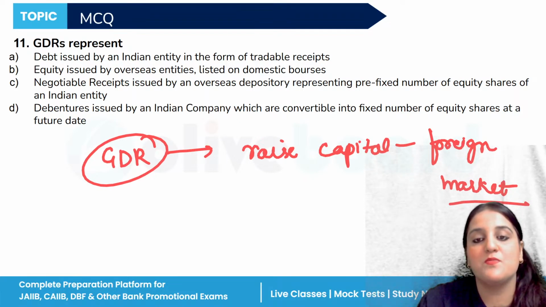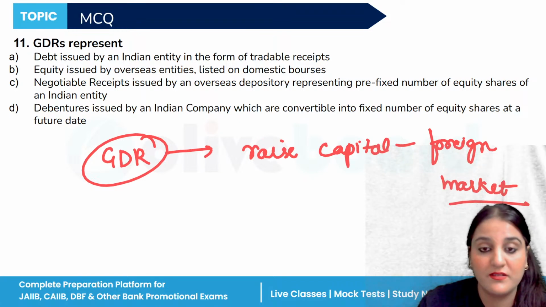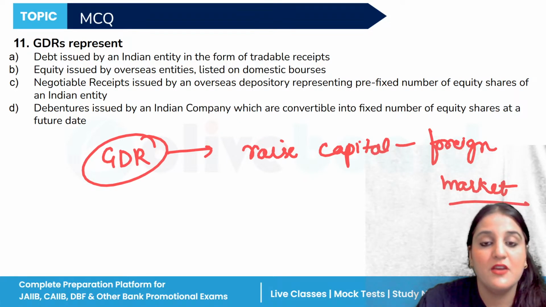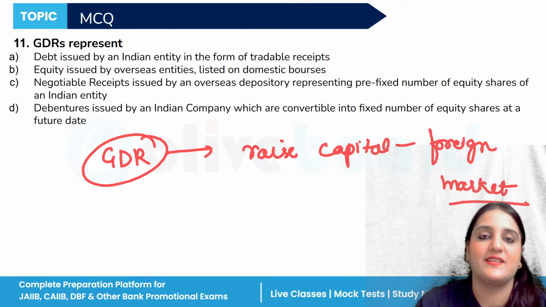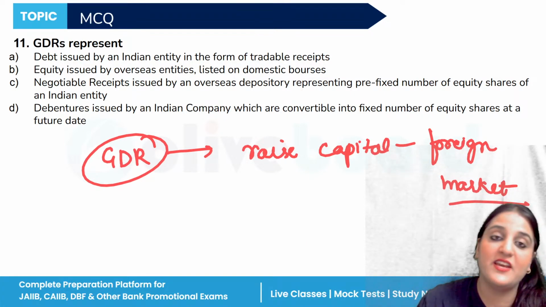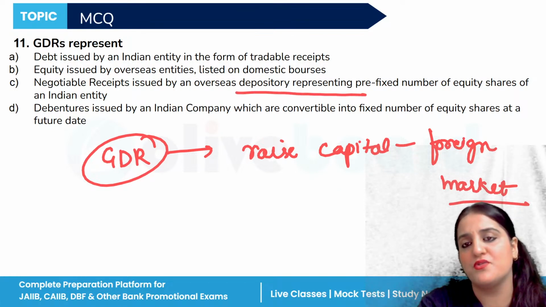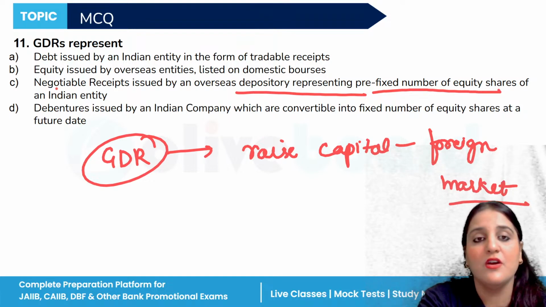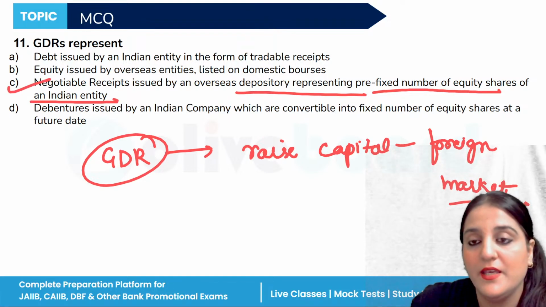This mechanism also allows foreign investors to buy shares in Indian companies without having to directly purchase the shares on the Indian exchanges. So GDR here represents the negotiable receipts which are issued by the overseas depository representing a prefixed number of equity shares of an Indian company. Option C is correct here.